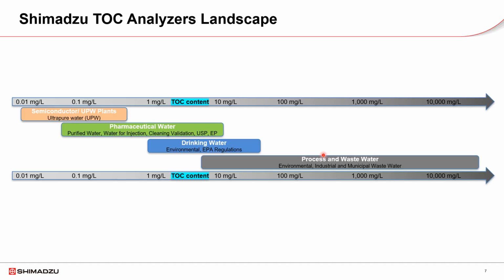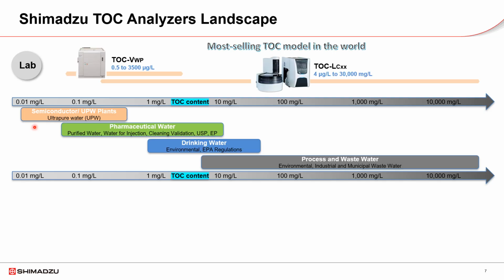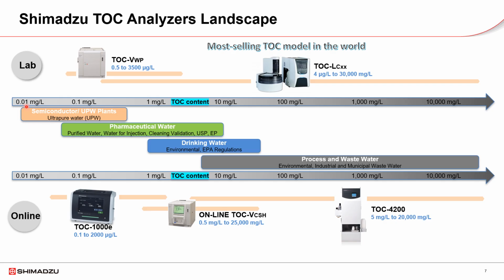TOC measurements are performed in a variety of waters, from highly polluted industrial wastewater or effluents to extremely pure ultra pure water that is used in the semiconductor industry. Shimadzu is the world's leading manufacturer of total organic carbon analyzers. Shimadzu TOC analyzers, both laboratory type and online type, are used in a variety of applications for environmental, pharmaceutical and other industries.